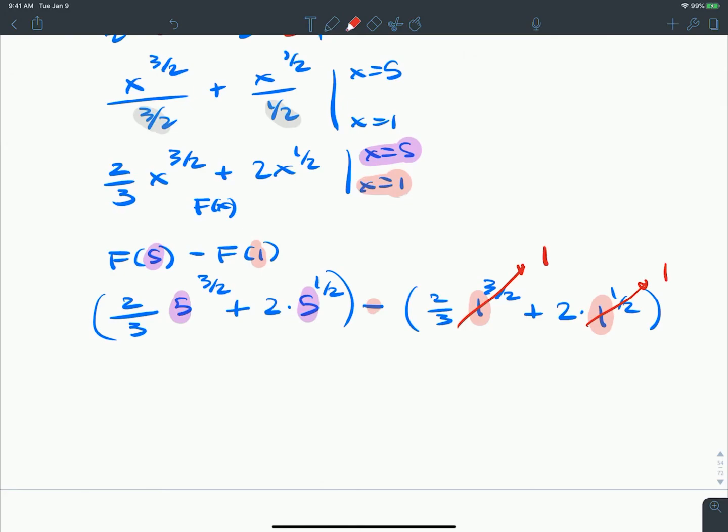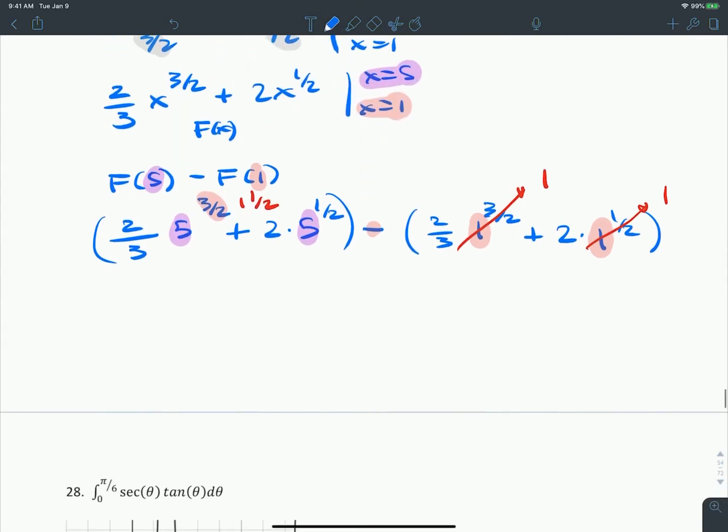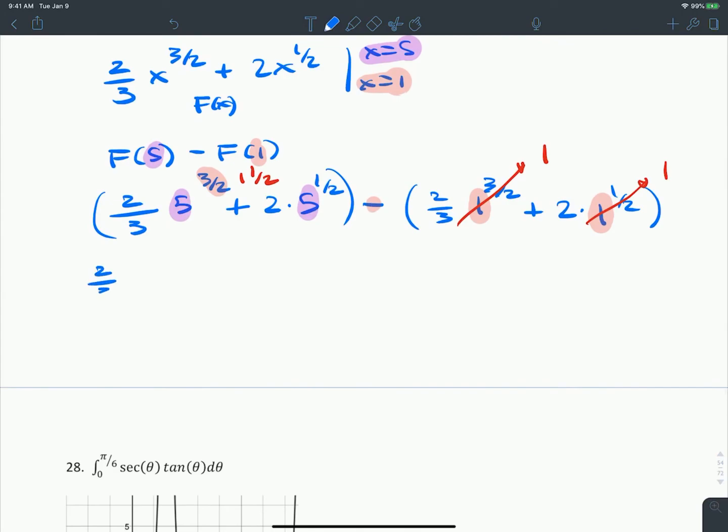And then I actually notice something here that I have the 3/2 power, so I'm going to write that as 1 1/2. And so we end up with 2/3 times 5 times 5 to the 1/2 plus 2 times 5 to the 1/2, minus 2/3 plus 2. And we can think there's a parenthesis here.